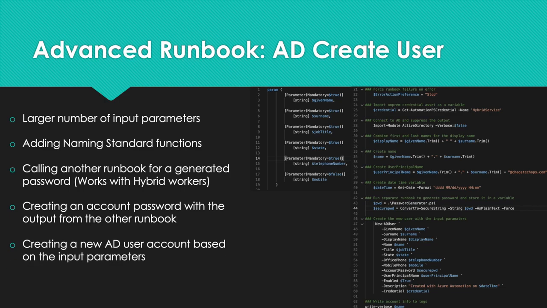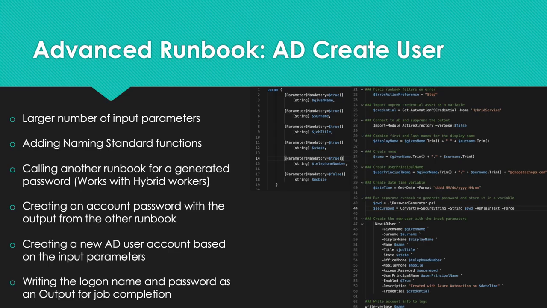We're creating a new AD user account based on the input parameters, and we're writing the logon name and password as an output for the job completion. So as you can see, it's essentially exactly the same as the one that we can run in Azure, except for the fact that we're running it on-prem.